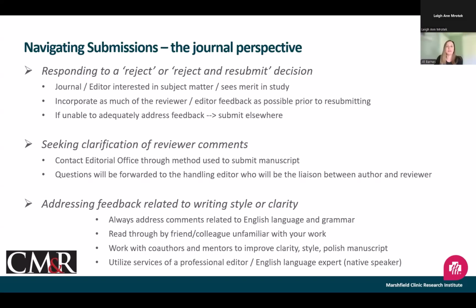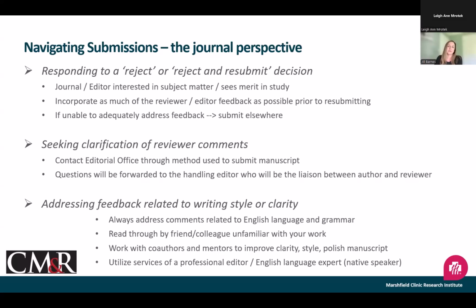I would like to emphasize one thing that Sherry said about the way to contact the editor or the handling editor, which should be through whatever web portal the journal uses. I know at the two journals that I'm an associate editor or senior editor for, we are not allowed to interact in any way. So everything has to go through the portal.